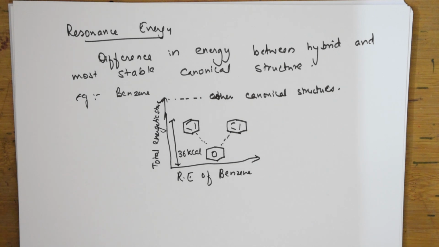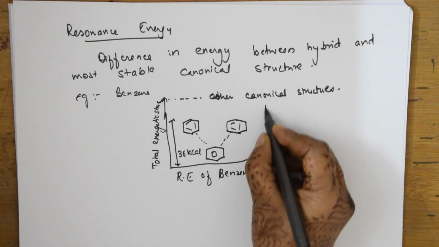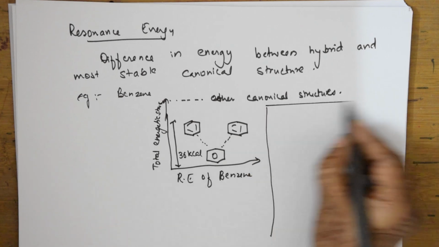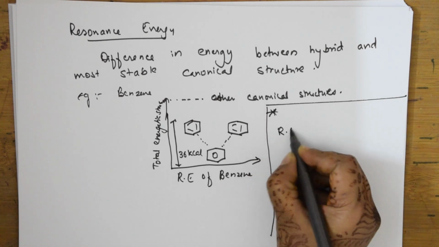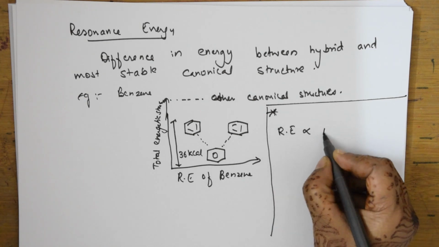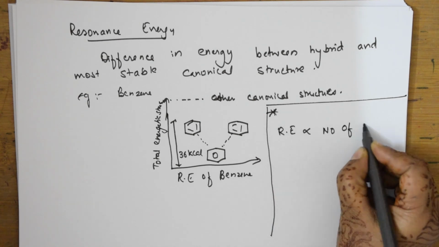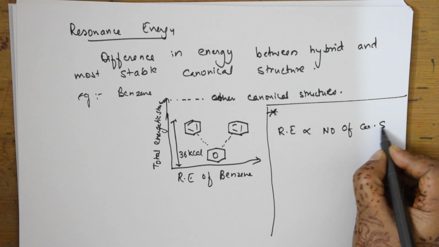So this resonance energy, the concept or the criteria, depends on change in bond length. Next would be resonance energy. Now, what is the important thing which you remember? Always remember important concepts about resonance energy. The first very important thing is resonance energy is directly related to the number of canonical structures.